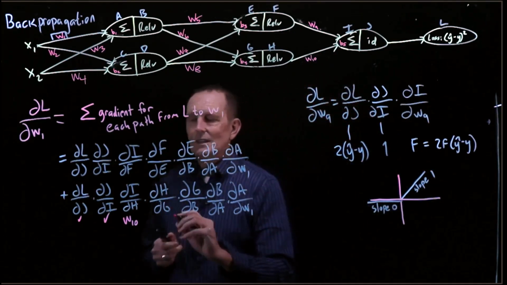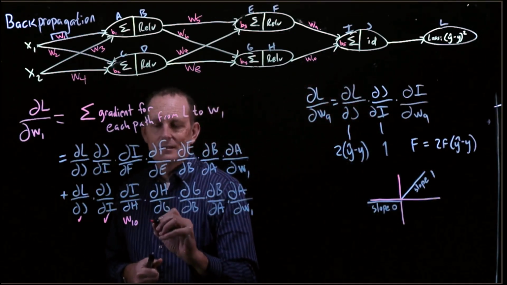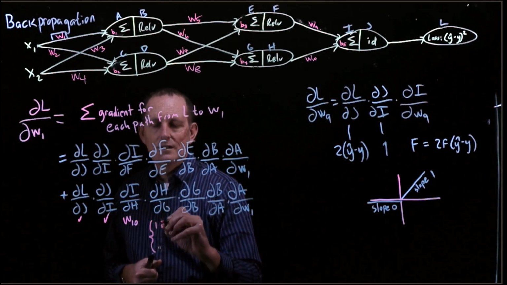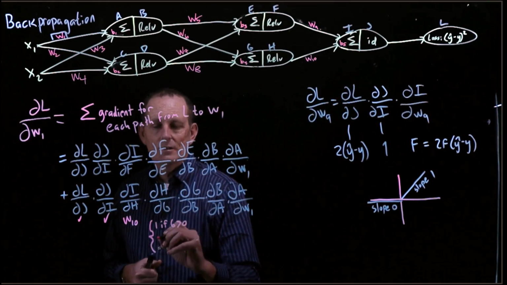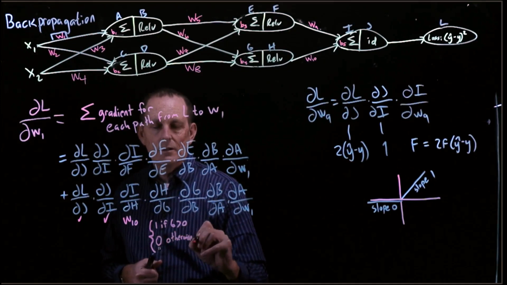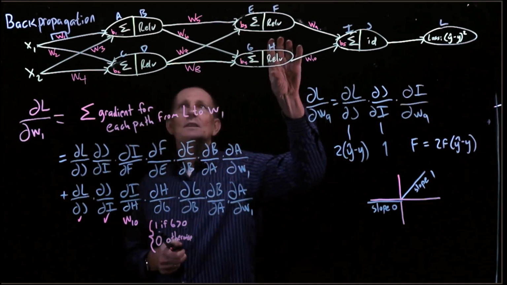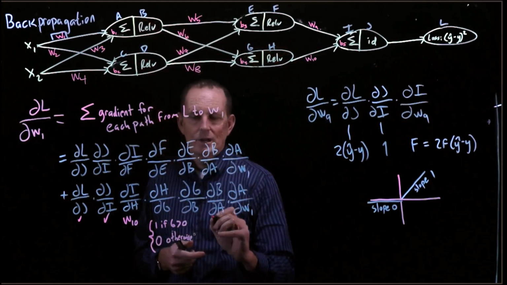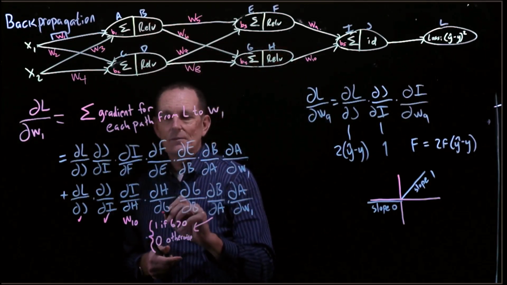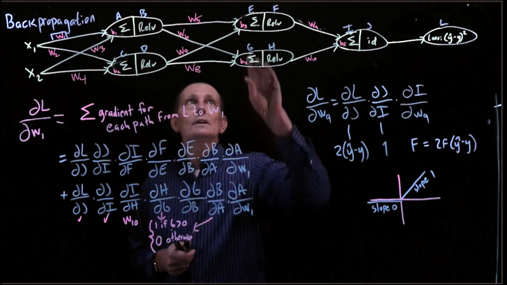So this derivative is basically 1 if G is greater than 0, 0 otherwise. So that's the derivative of ReLU. And that's going to be the same thing as the derivative from B to A, right? So B to A is the same as the derivative from H to G.